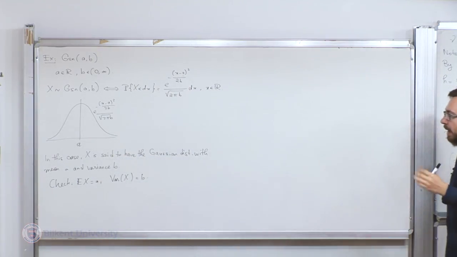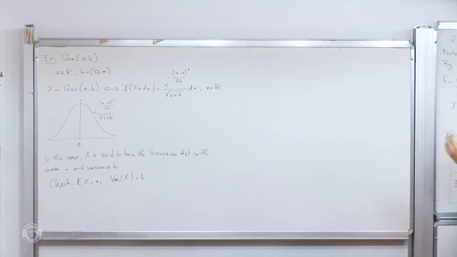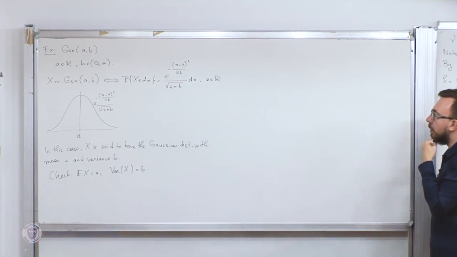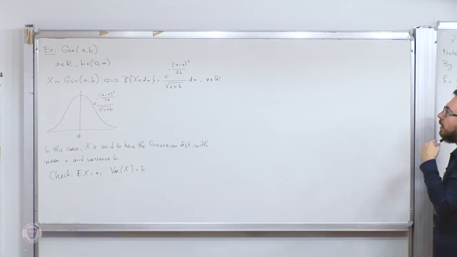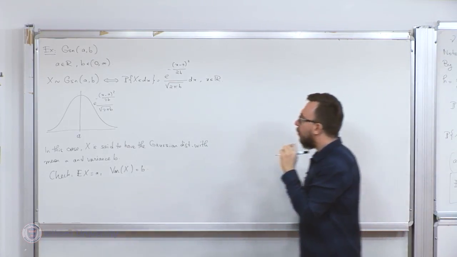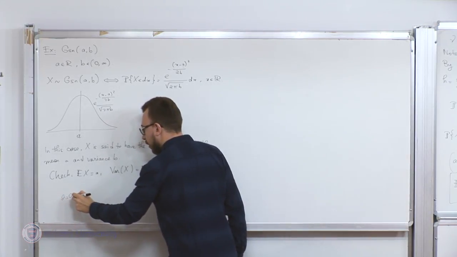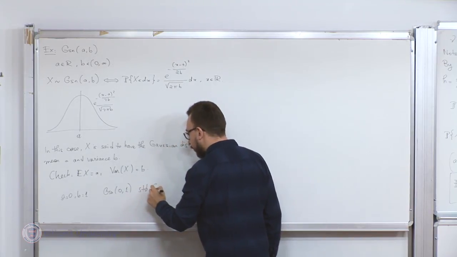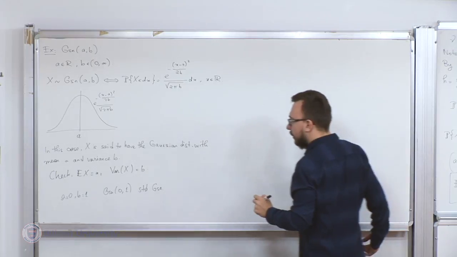That's why we say it's with mean a and variance b. In more standard notation, we use mu for a and sigma squared for b. But since we used mu for some measures before, I avoided that notation. And when a is 0, b is 1, in other words, when we look at the Gaussian 0, 1 case, this is called the standard Gaussian.